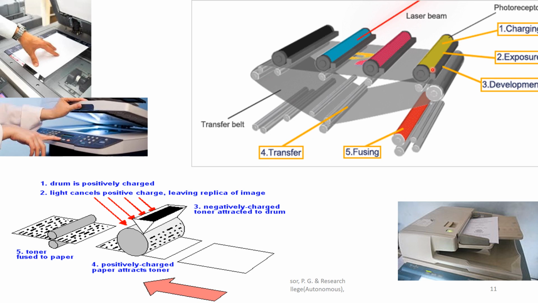By the use of the second laser beam, the photoreceptor becomes ready for another use, and we get the exact image of the document used for copying on the printed paper.